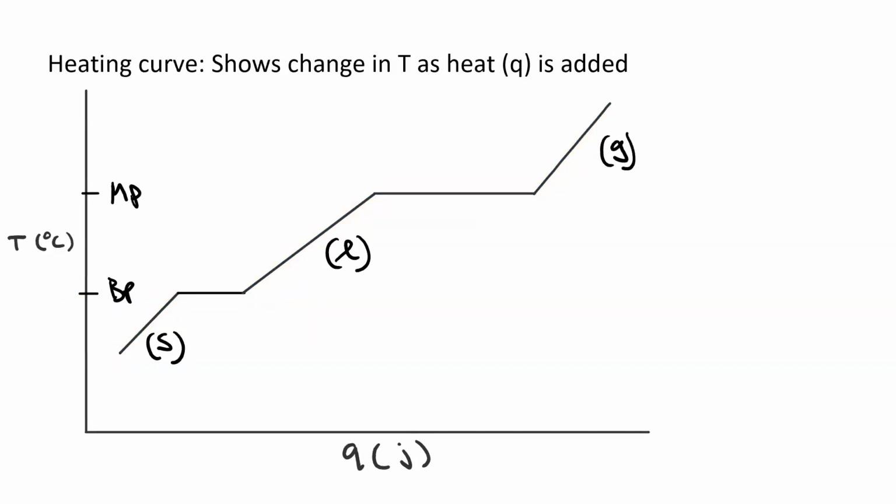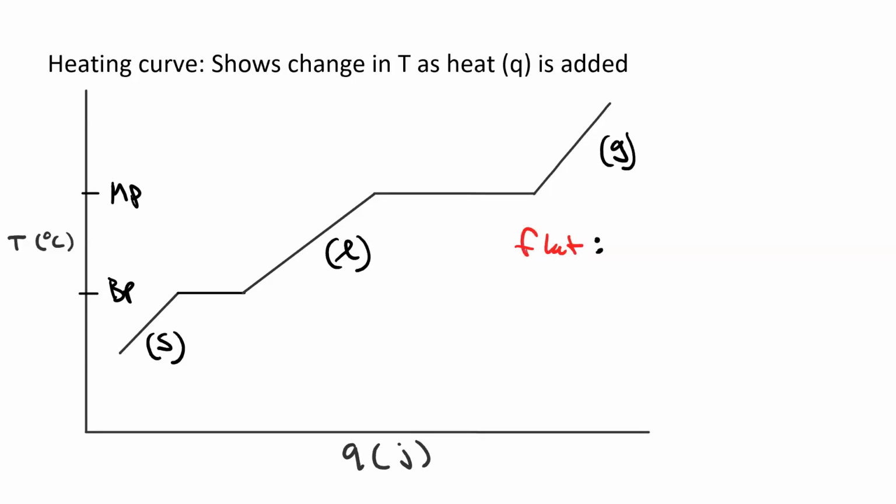Now, we can think of heat as being a form of energy known as enthalpy. And the symbol for enthalpy is delta H. And so Q and delta H are related. There's two different equations for Q, depending on whether you're in a flat portion of the heating curve or a sloped portion.